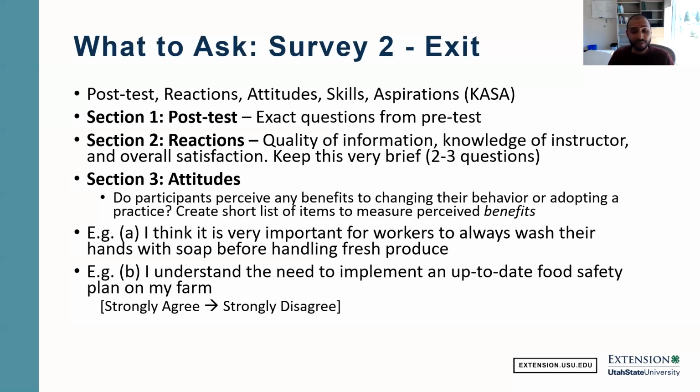So attitudes deal really with participants' perception towards benefits. You can create a short list of questions that relate to the benefits of changing and ask if they agree or disagree with the statements. So this slide shows 2 examples of attitude questions for a food safety program. As you can see, they both relate to the behavior or the recommended practice.